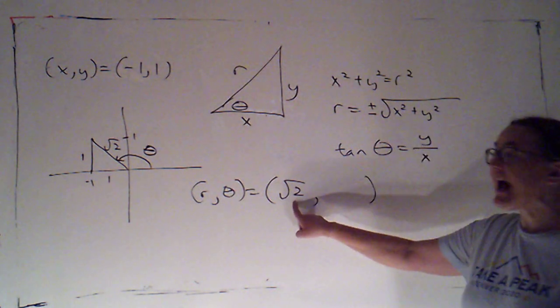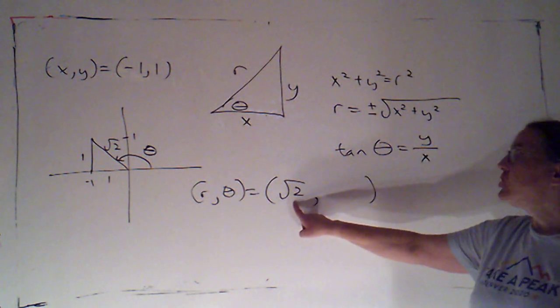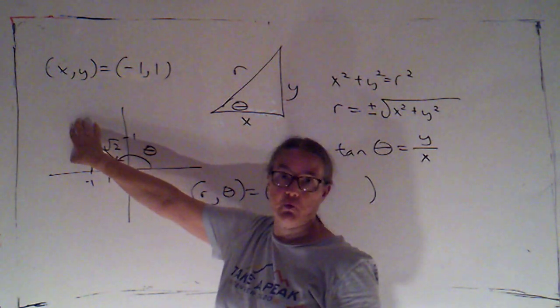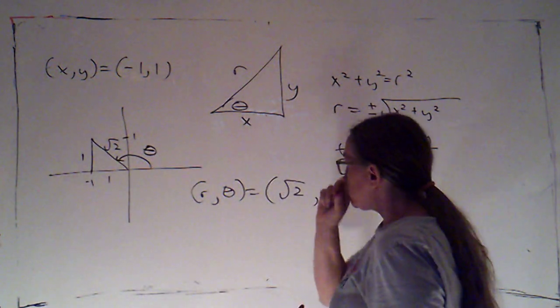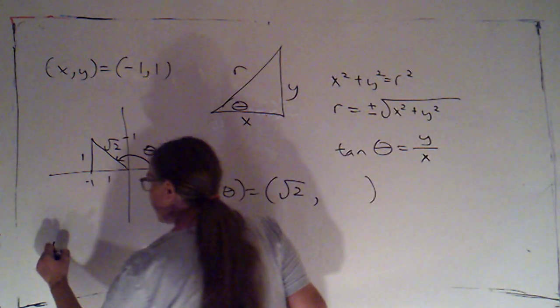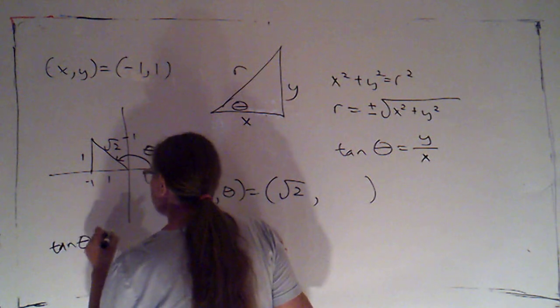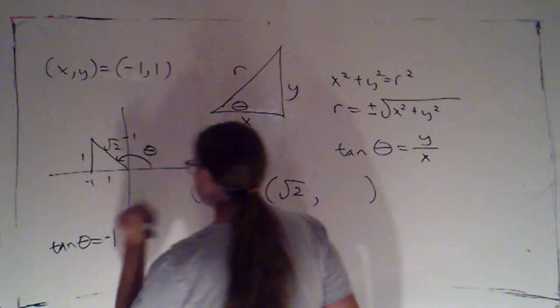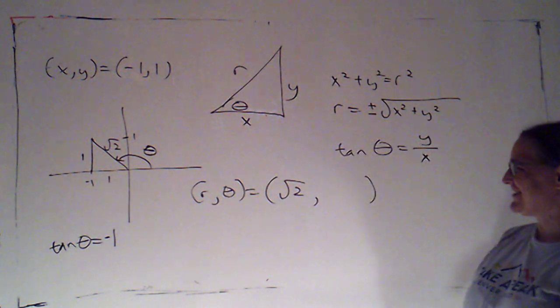And right now I have committed to my theta being an angle in quadrant 2. So I can see, if I use this formula, tangent of theta is going to equal negative 1 because we're in quadrant 2.